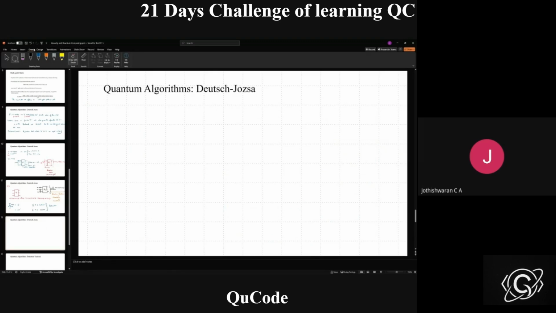So the only quantum property used is the linearity of quantum gates. Okay, this is the only idea that I've used through and through.